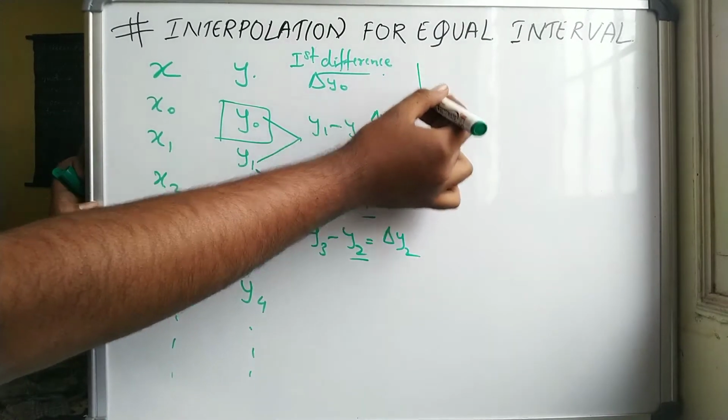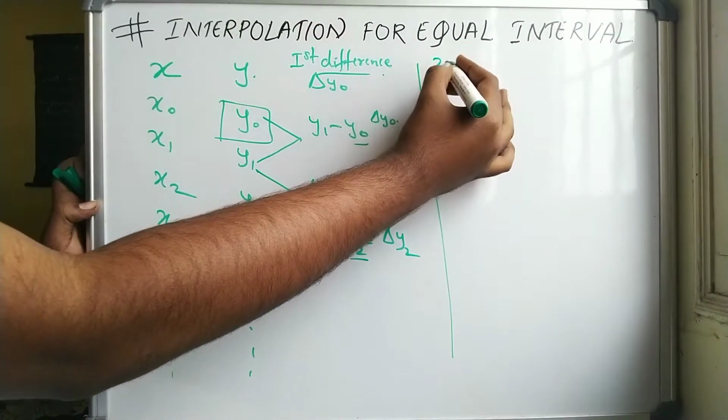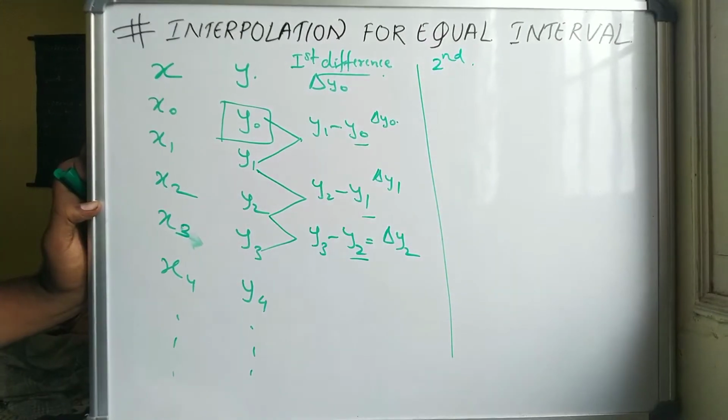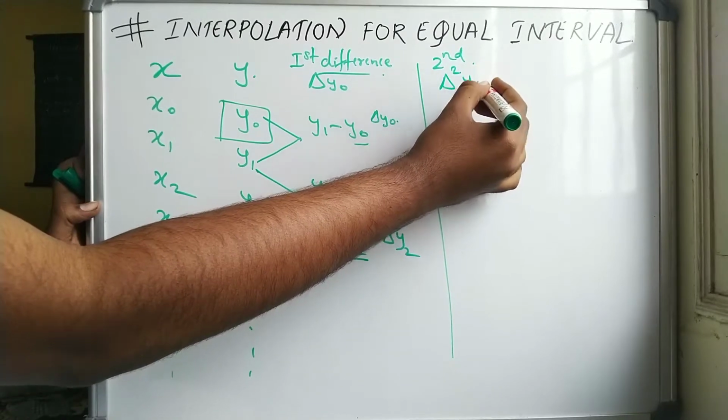Now you have to form one more table, that is the second difference column. In that you will get delta square y.